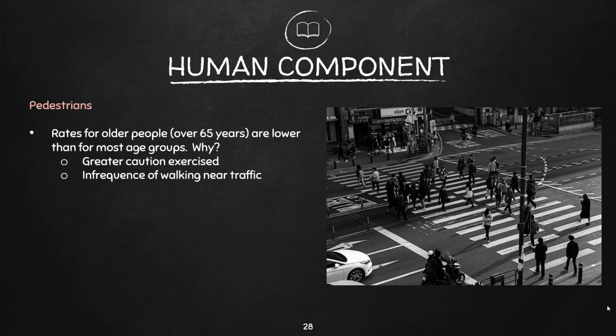Or they do not go outside that much, so there is a lesser possibility that they will meet an accident as a pedestrian. Greater caution exercised and infrequency of walking near traffic. So we were right.